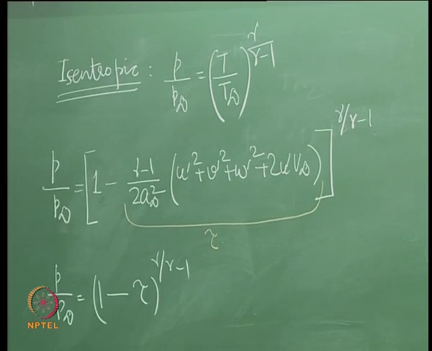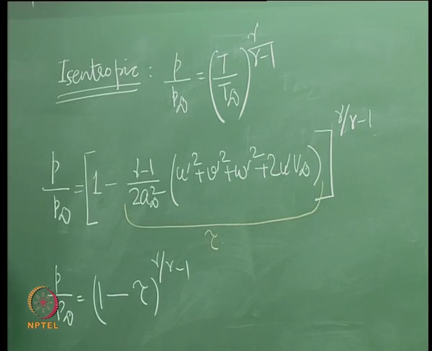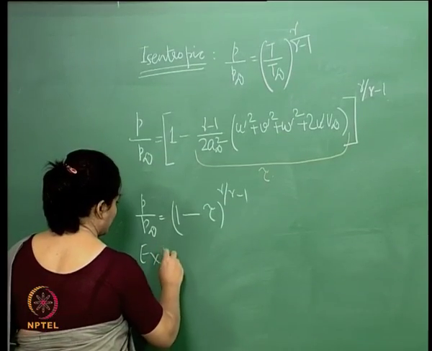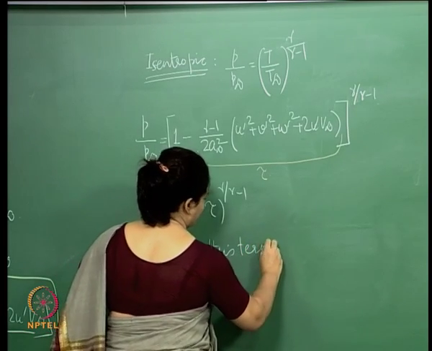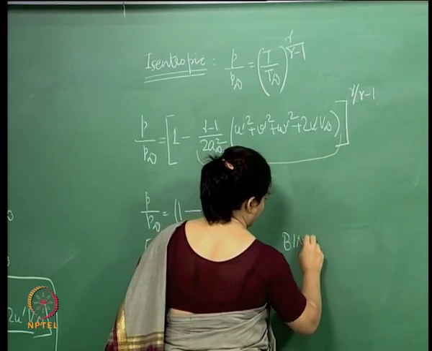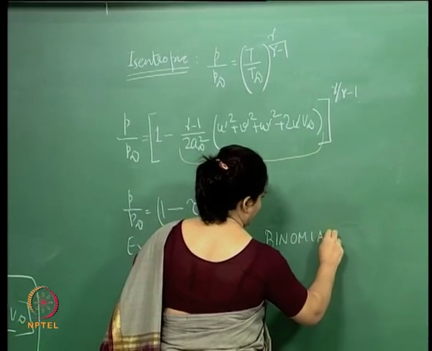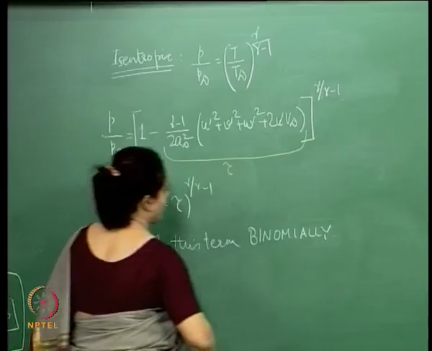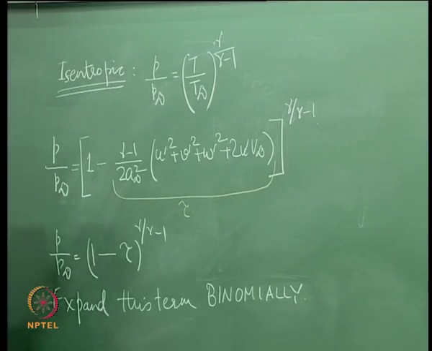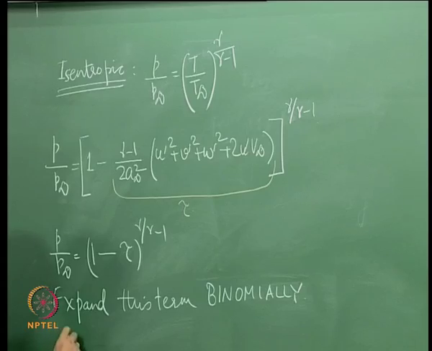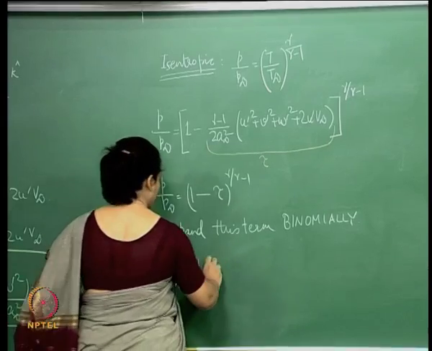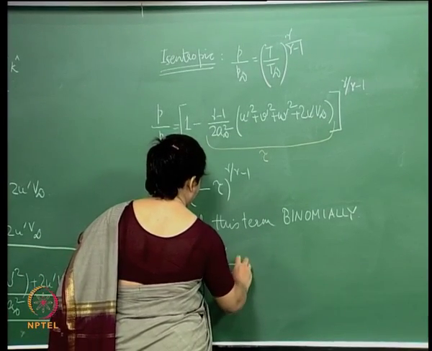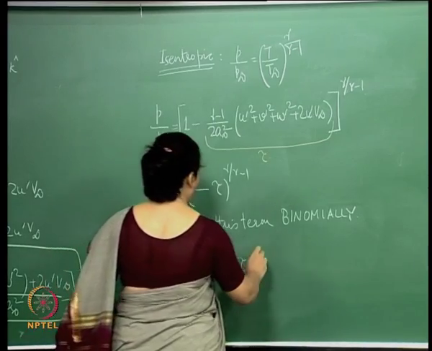Now if we have this, what we will do out here is expand this binomially. If I do that, what do I get? Then I get this, and so on and so forth.